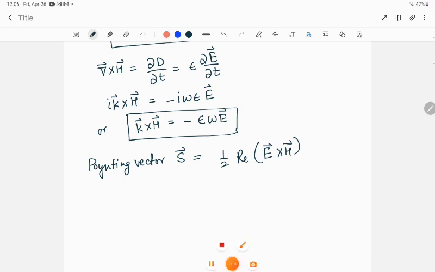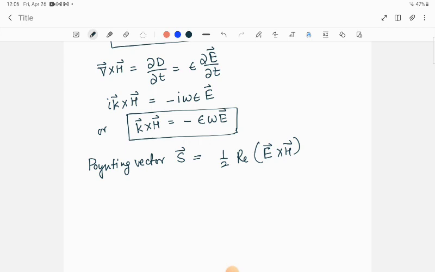It tells us the direction of flow of energy of the electromagnetic field. Since it has both E and H, we can replace H by E or E by H and get S as a function of either E or H. Let's do the former.